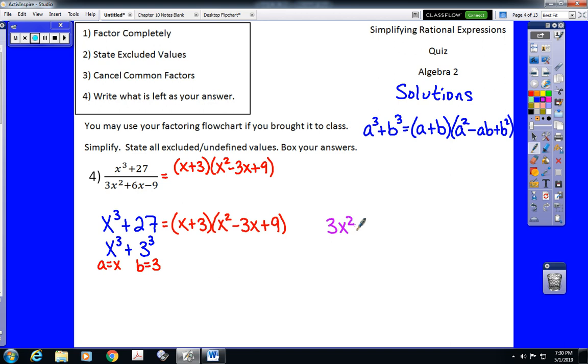We have a trinomial, 3x squared plus 6x minus 9. We're going to start by factoring out the GCF of 3, which would give us 3 times the quantity x squared plus 2x minus 3, which means we're looking for a pair of numbers that multiplies to negative 3 and adds to positive 2.